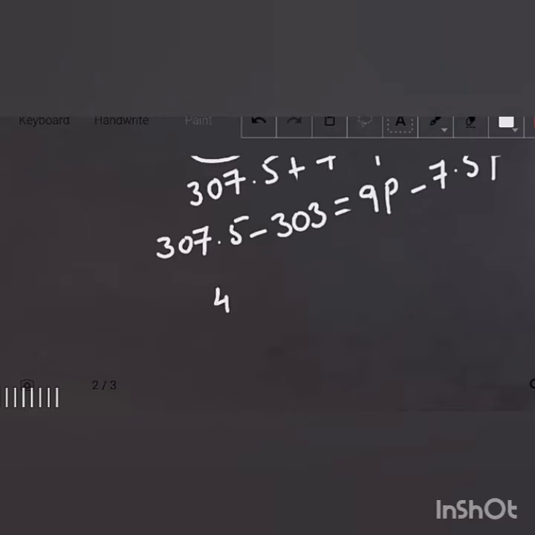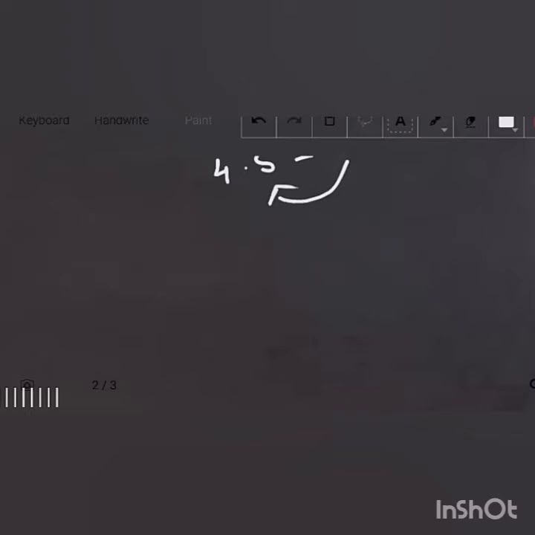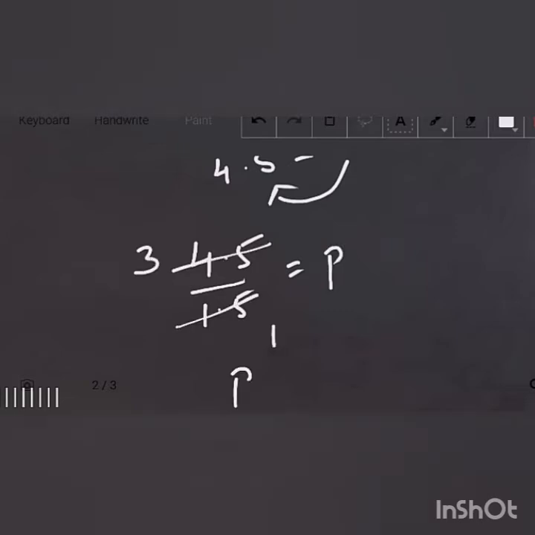We get 4.5 equals 9P minus 7.5P, which is 1.5P. Transposing 1.5 to the other side, we get 4.5 by 1.5 equals P. So P equals 3. Therefore the missing frequency value is 3.